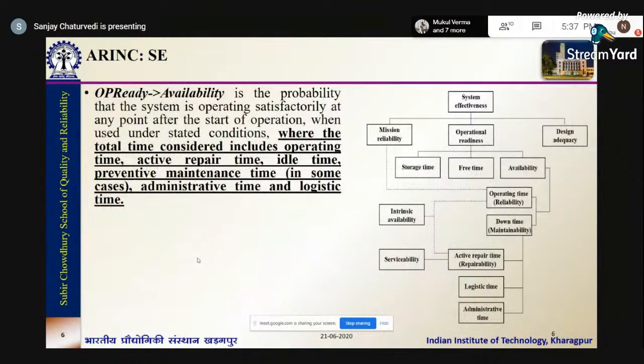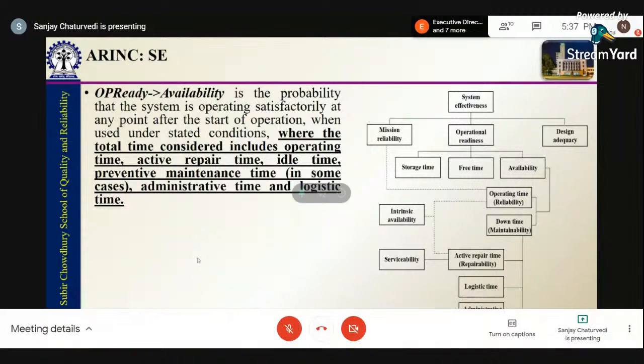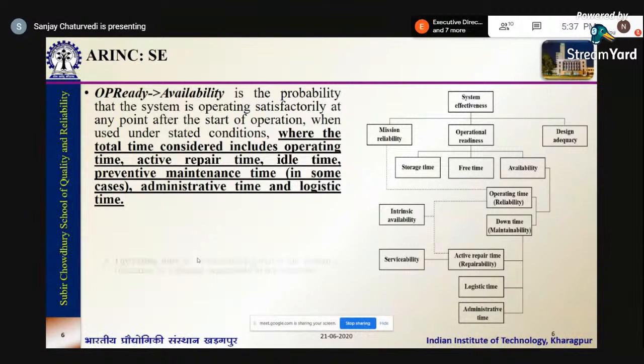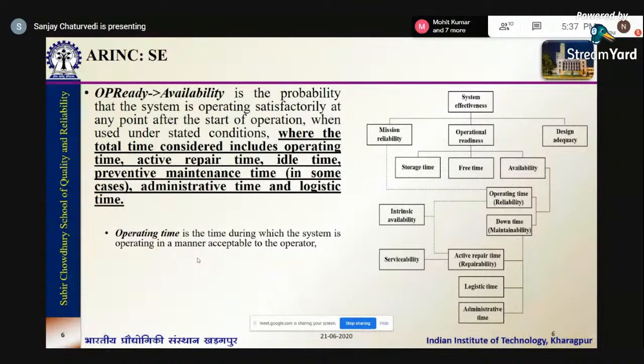And the third component of operational readiness is availability. I'm not going into the definition, but depending on the time components you incorporate, you will find different availability definitions in the literature and textbooks. Any downtime, whether active downtime only, or including logistic delays and other types of downtime, changes the definition.